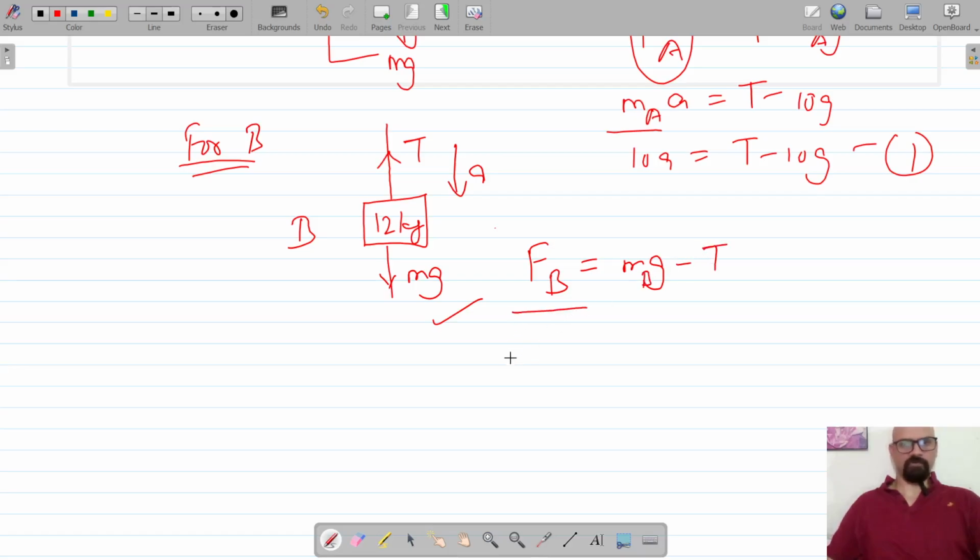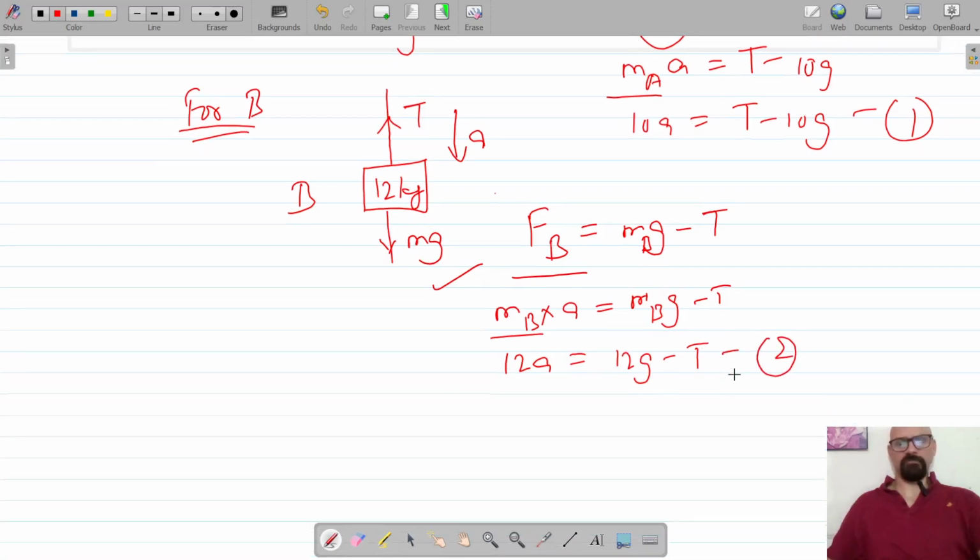So the force on object B is the mass of object B times the acceleration of the system, which is m_B g minus T. Putting in the mass of object B, 12 kg, this is 12a = 12g - T. Let this be the second equation.